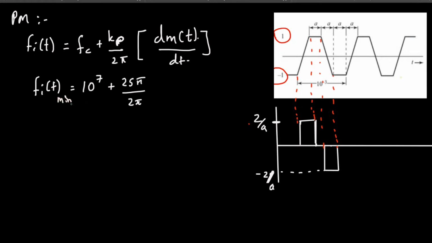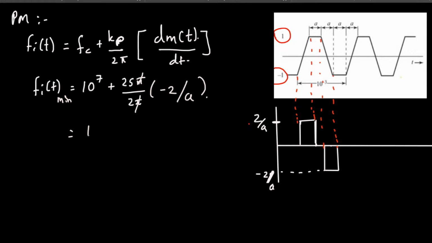Minimum, where is the lowest value? You can see minus 2 over a, so I put that one here, minus 2 over a. Then here 5 cancels, and then 25 divided by 2, and then that one multiplied by negative 2, so the 2 cancels as well.